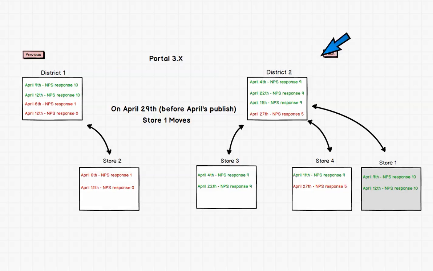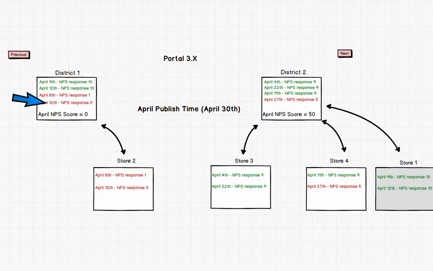So now when it comes time to publish April's score, District 1 gets an NPS score of 0. District 2 doesn't get any of these survey responses from Store 1, so they get a score of 50: 75% promoters minus 25% detractors.